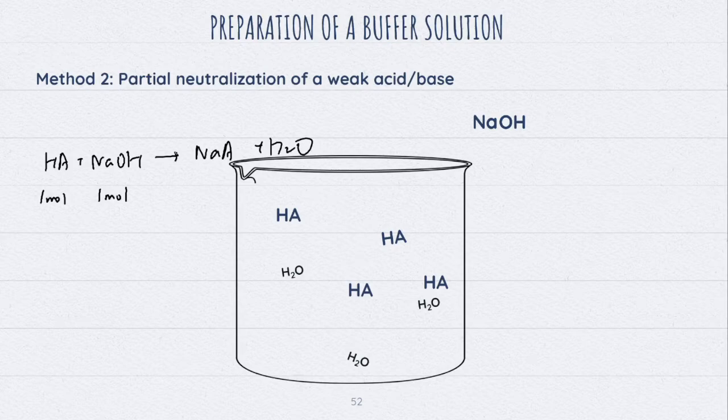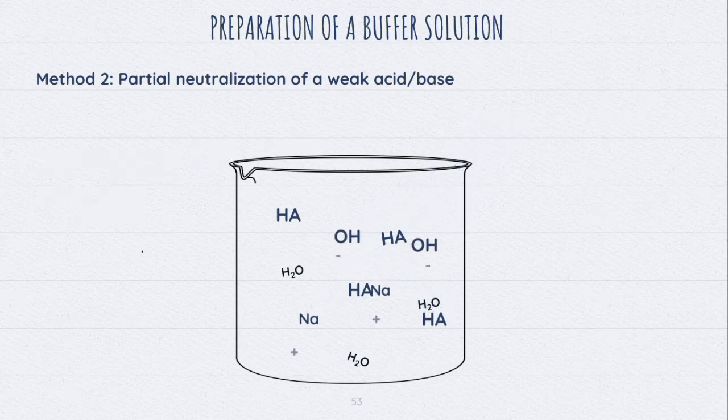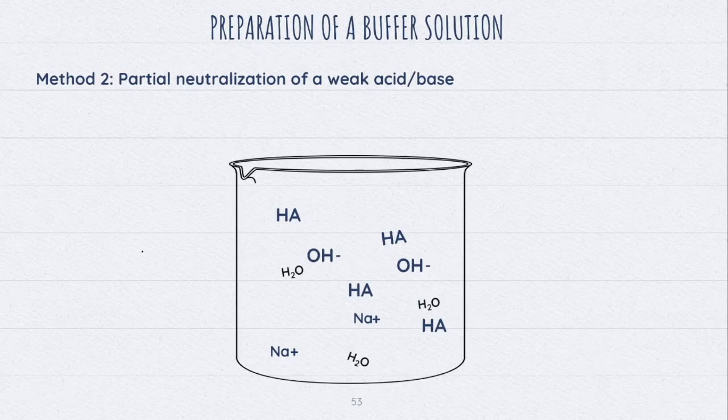But in this case, we do not want to do so because we are trying to prepare a buffer solution. So let's say now we have 4 moles of HA to begin with. What if I put in 2 moles of NaOH? Let's see what will happen. Again, your NaOH dissociates fully to give you OH minus ions.